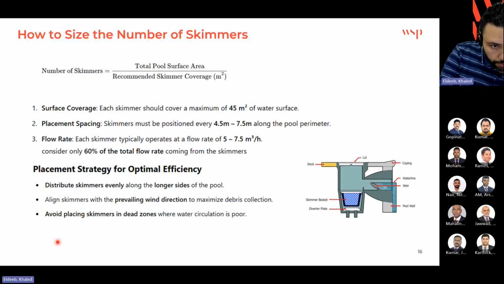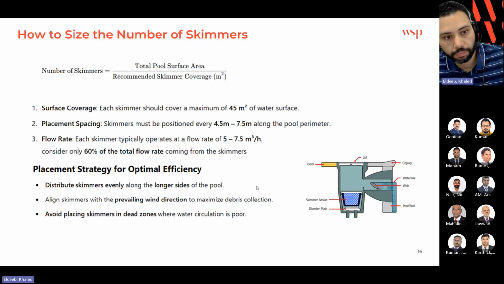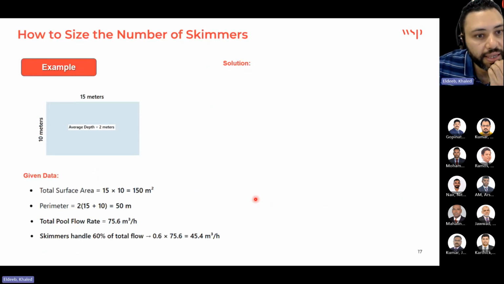Here we have some recommendations: distribute the skimmers evenly, which is logic that you can do without guidance actually.